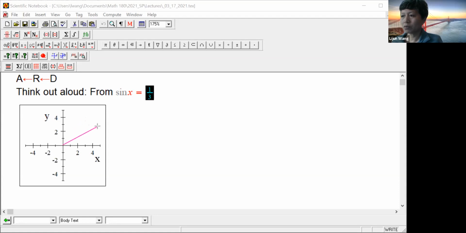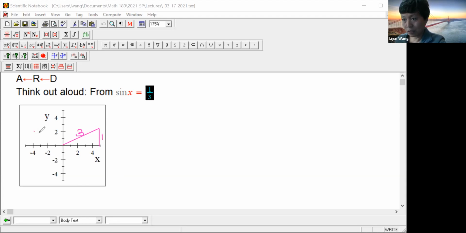So 1/3. I'm just going to draw these triangles. It could be here. So this is 1, and this is 3. You guys need this in Calc 2, okay?